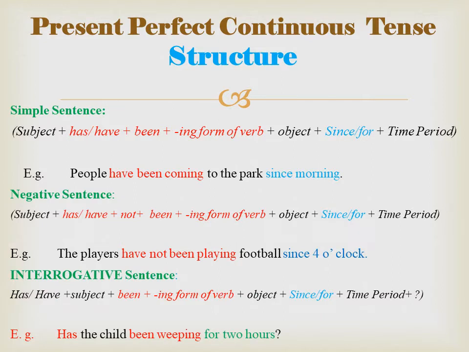For example, has the child been weeping for 2 hours? You see has in the beginning, the child is the subject, then been, then ing form of a verb, for, and then time period 2 hours, then question mark at the end of the sentence.